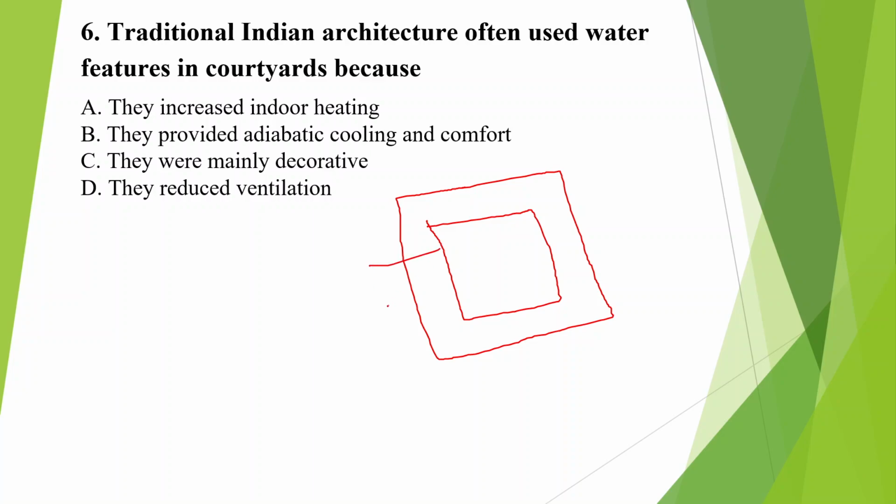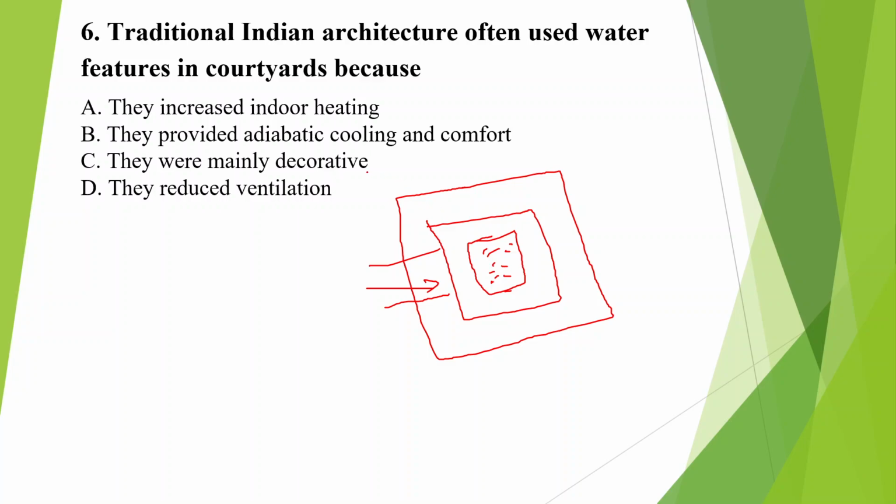So if this is a Haveli, or Indian traditional architecture, let's say this is the entrance and this is the ground floor I'm drawing. You might have seen this courtyard structure, and many traditional houses have water features in the courtyard. So how does it help the people or the building comfort?